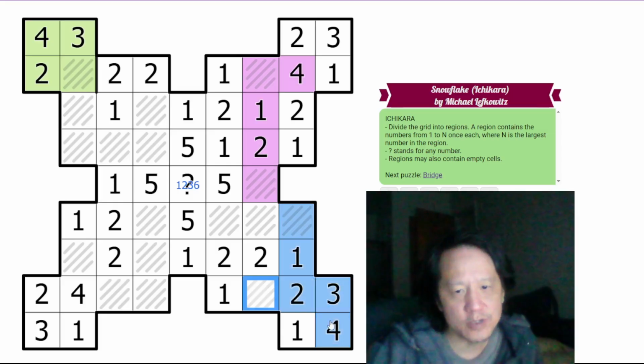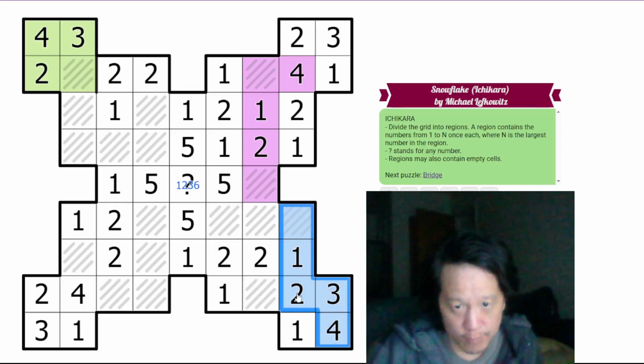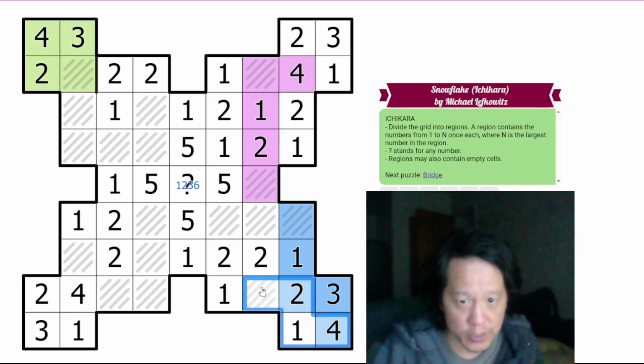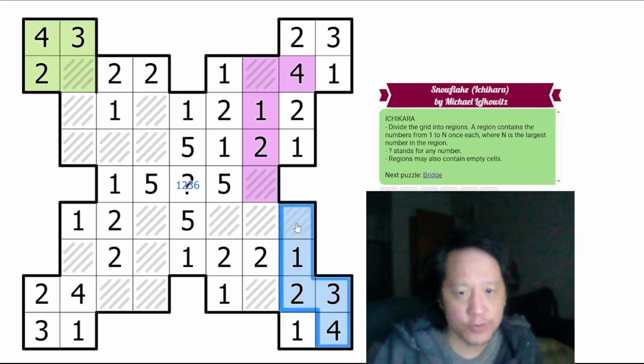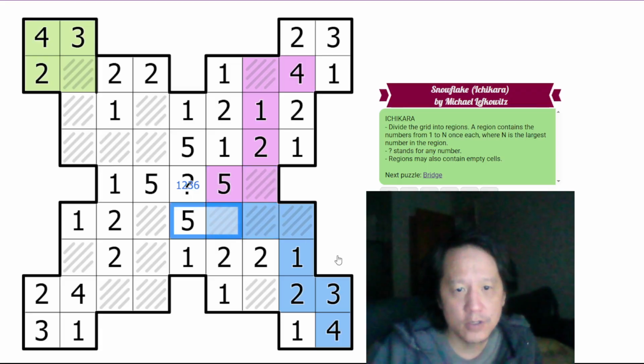So it has to be through 3, because otherwise, if it goes 4, 1, 2, it's blocked. So it has to be 4, 3, 2, 1, and then it must access the 5. And this blocks the pink from going here, so the pink has to continue here. Blue has to go here, and this is done. These are blocked.